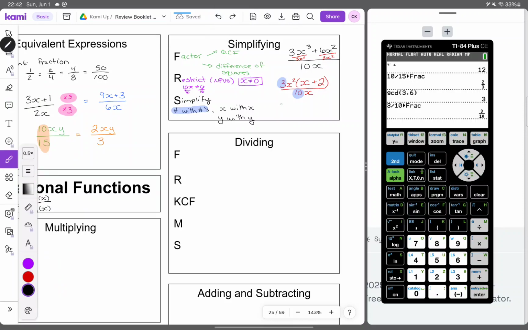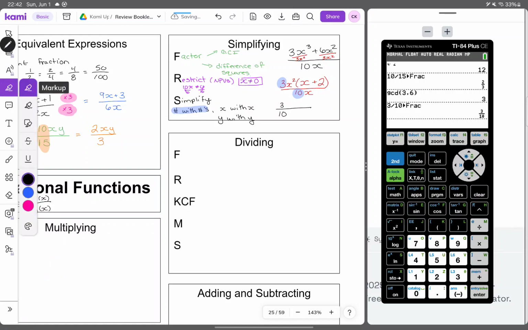So my numbers are going to stay 3 on top, 10 on the bottom. Then I look at my x's with my x's. I have an x squared here, I have an x here. So that means this x is going to cancel with one of these ones here. So that x.